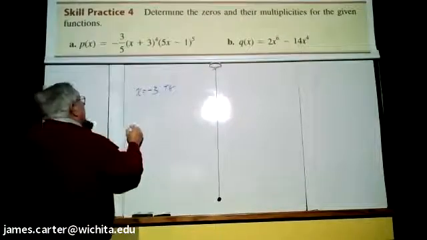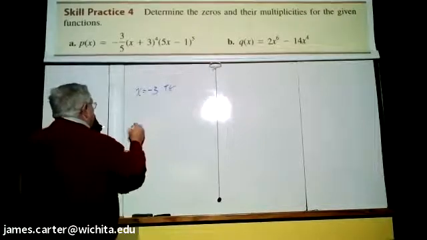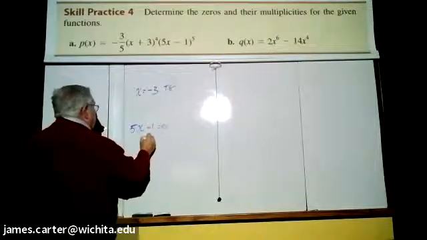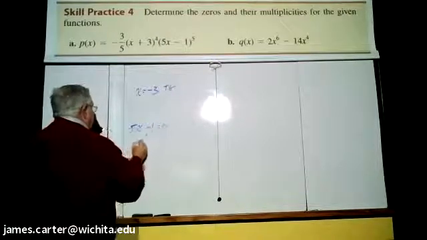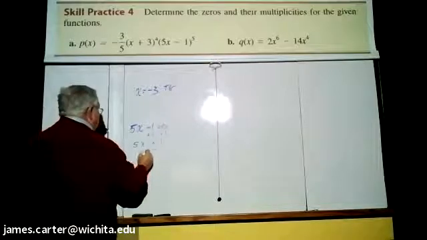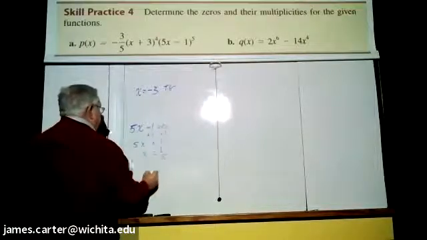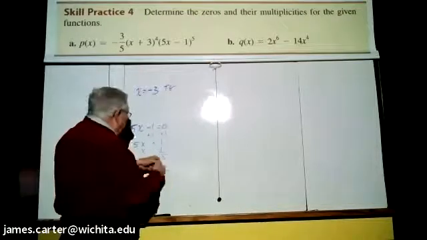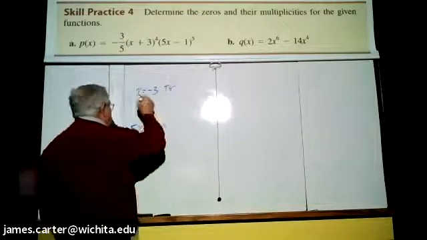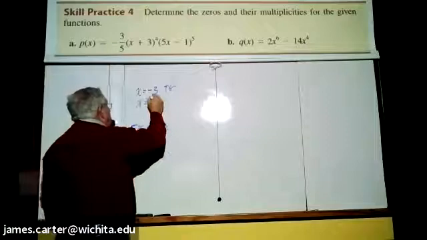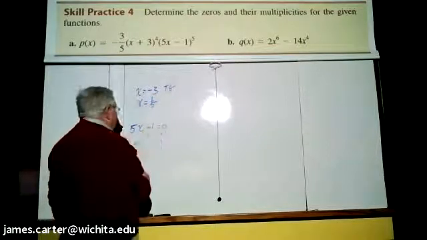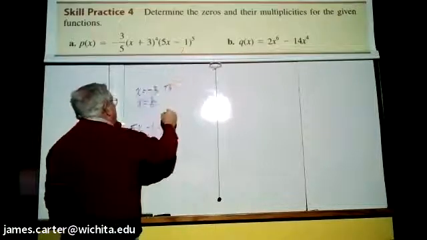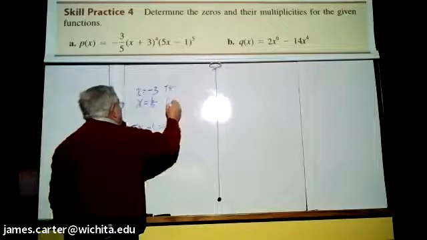Well, 5x minus 1 equals 0, plus 1 plus 1, 5x equals 1, x equals 1/5. That really means that there would be 5 of these except they're all in one point. So we get x equals 1/5. Now, that one, because of the odd multiplicity, is going to be a crossing point.